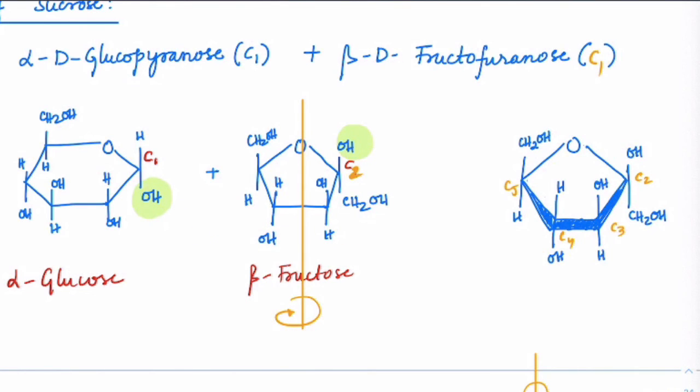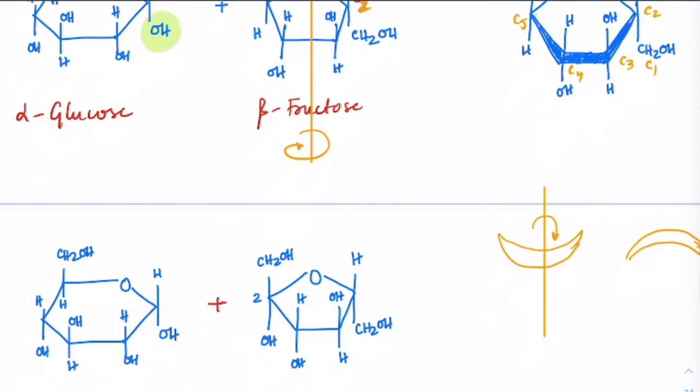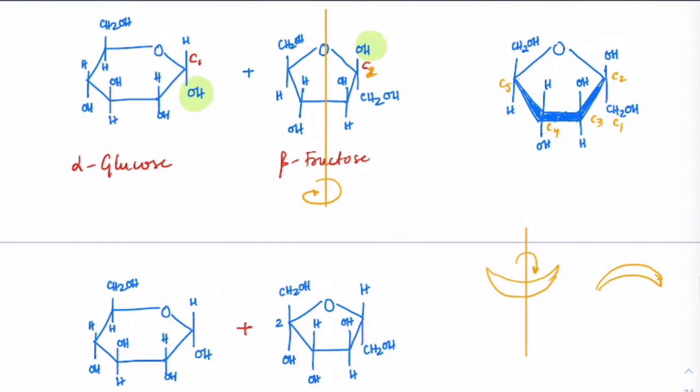That is why I am trying to bring this carbon 1 to the left hand side. How can I bring that? By rotating like this. When you rotate, check how it looks. This entire thing will appear this way, with carbon 2 coming to this side and carbon 5 coming to this side.